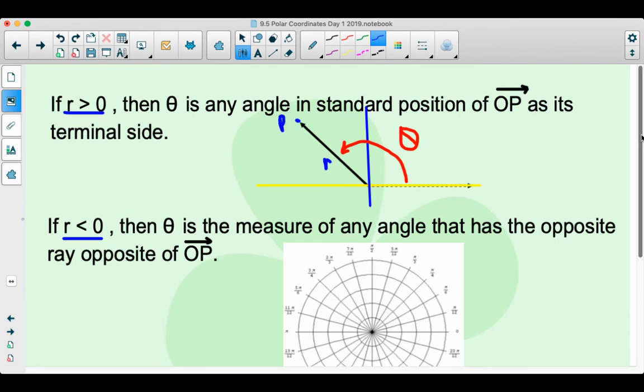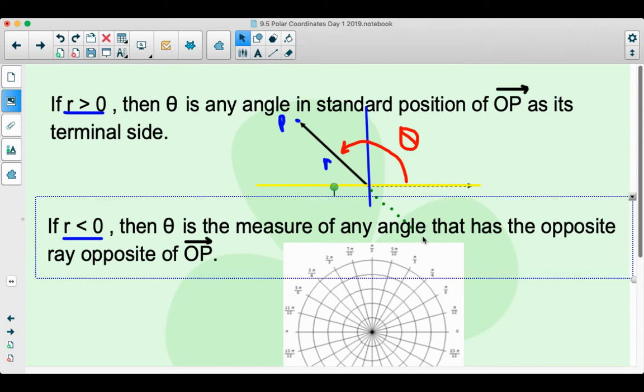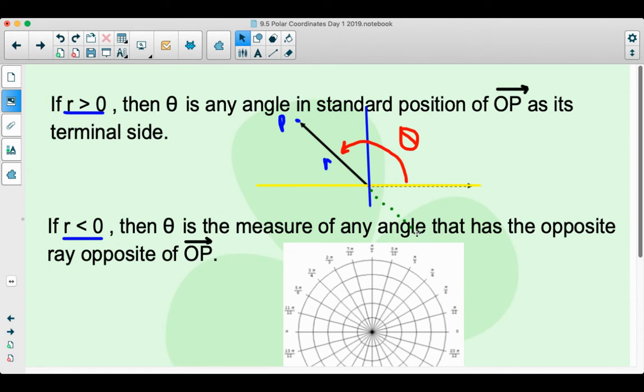If our R value happens to be negative, that means we measure our angle theta, but then our point is located with an opposite ray. And if you can remember way back from geometry, opposite rays are just going 180 degrees or pi units in the other direction. They have the exact same length, but are just going in the opposite direction.